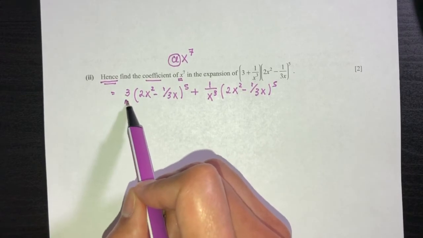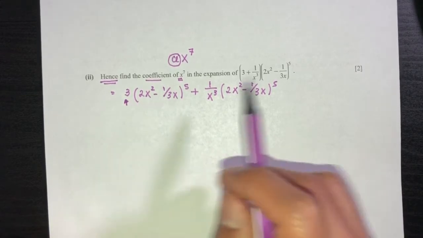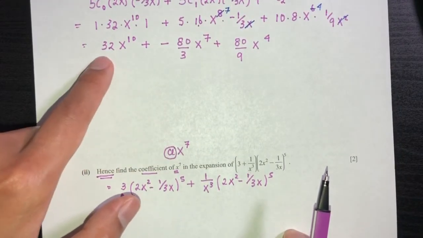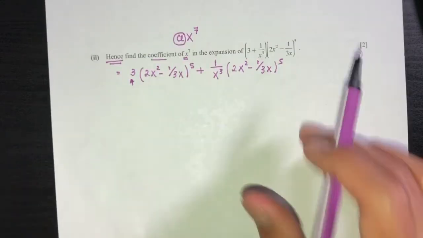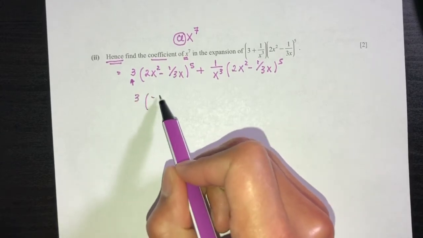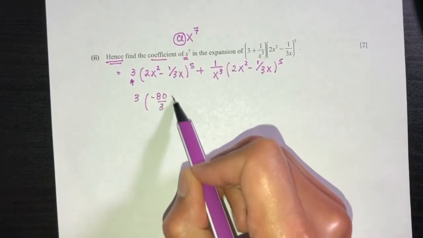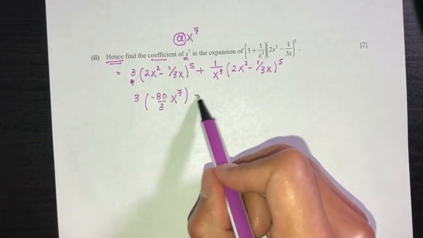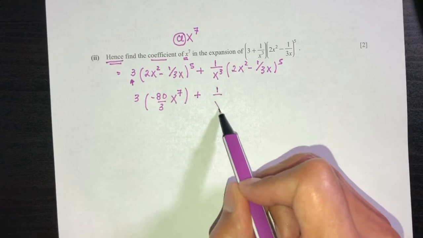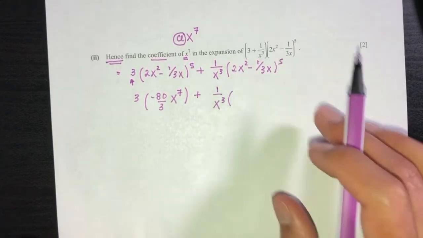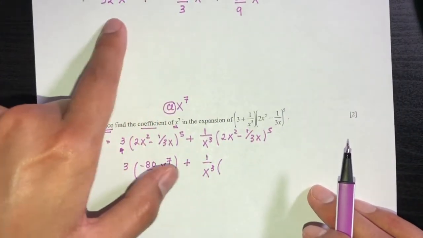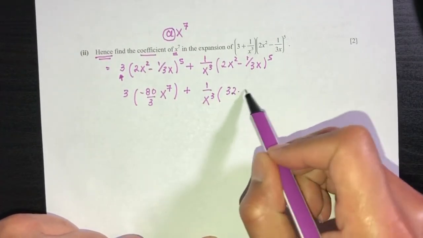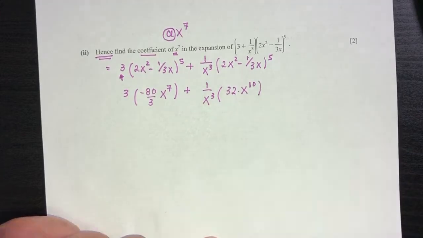So 3 is a constant times what value in this expansion will give you x power 7? So constant times this one, right? So 3 times minus 80 over 3 x power 7 will give you x power 7. Now for this one, 1 over x cubed times which value will give you x power 7? So we choose times this one, times 32 x power 10 will give you x power 7.